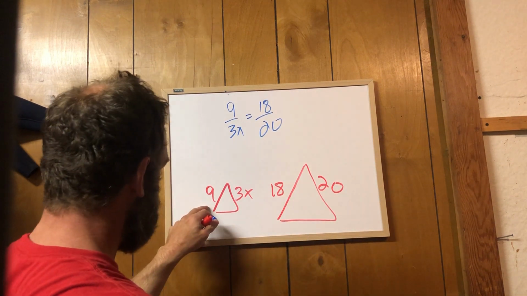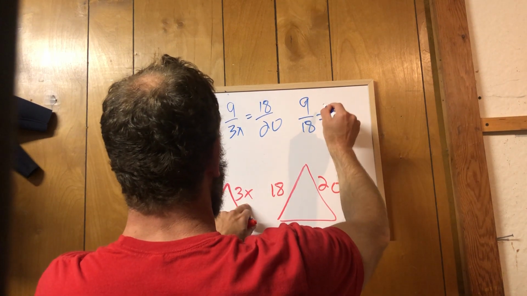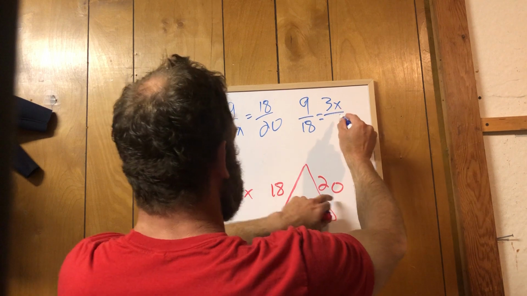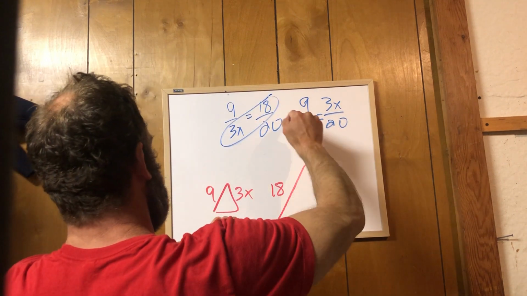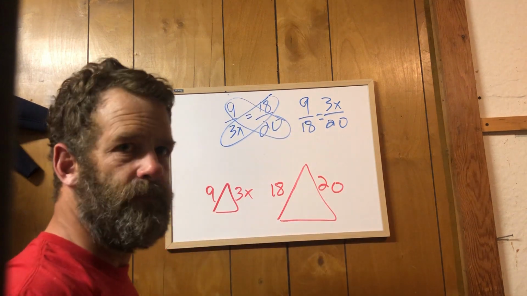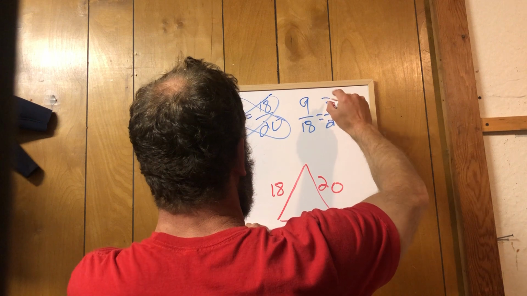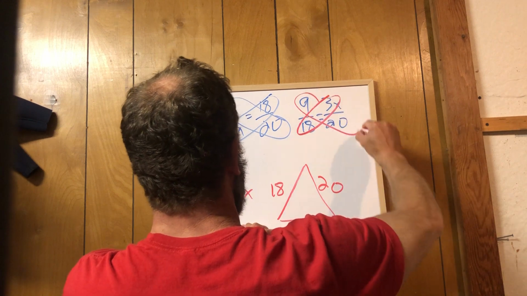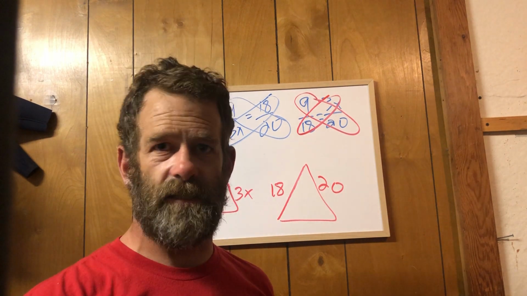Or you could say 9 over 18 equals 3x over 20. No matter how you do it, see how you're going 18 times 3x equals 9 times 20 there. See how you can do that? Doesn't matter how you do it. You're still going to get the exact same answer.